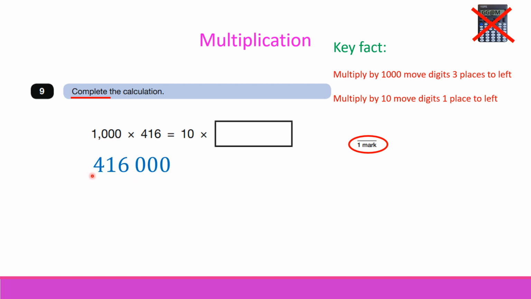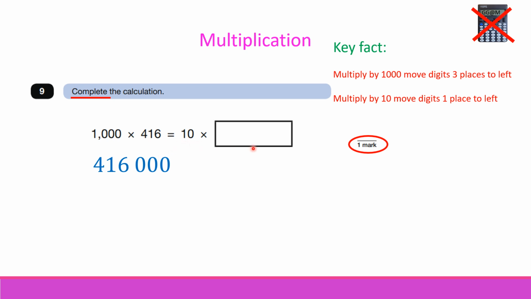So I've got 416,000. The 4 started here and it's gone 1, 2, 3 places. The 1 started here, it's gone 1, 2, 3 places to the left. The 6 started here, it's gone 1, 2, 3 places to the left. Now when you do multiply by 1,000 and there are no decimal points involved, you can literally just stick 3 zeros on the end. Now that is the answer to the left hand side.